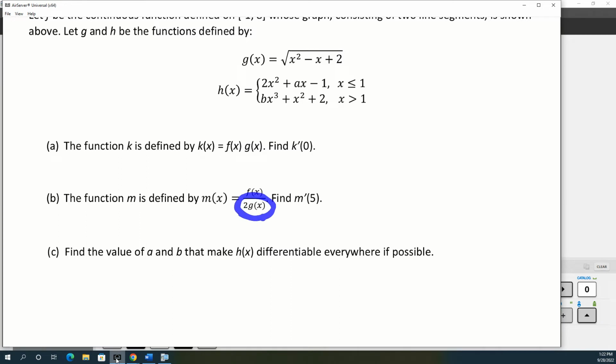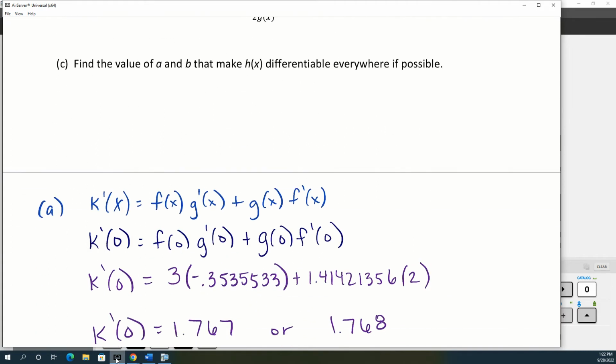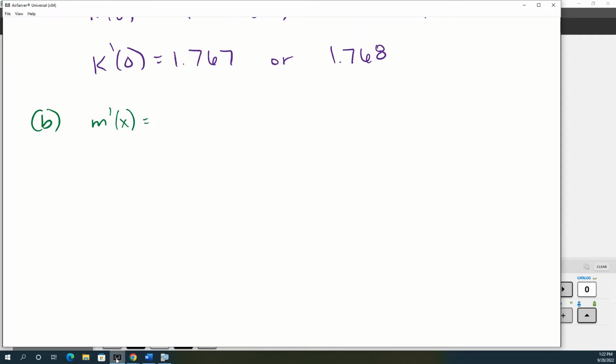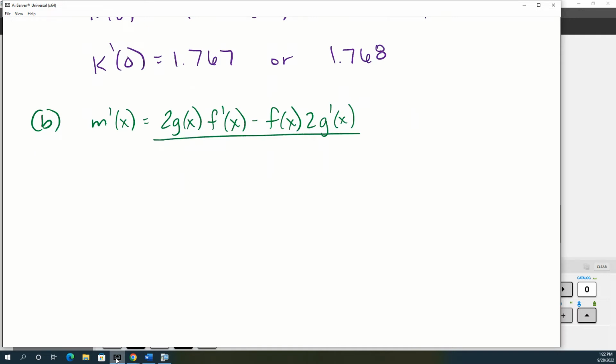So when we do the derivative of the low, it's just going to be 2 times the derivative of g because of the multiple of a constant. All right, so it's going to be low d high minus high d low. So like I said, that's going to be 2 times the derivative of g, and then over low squared.